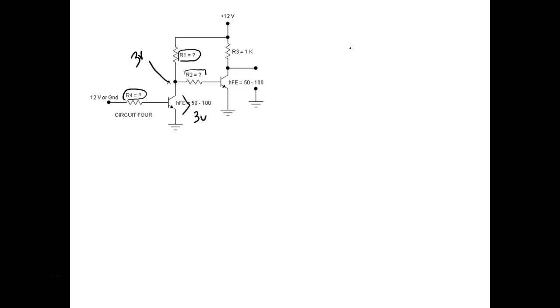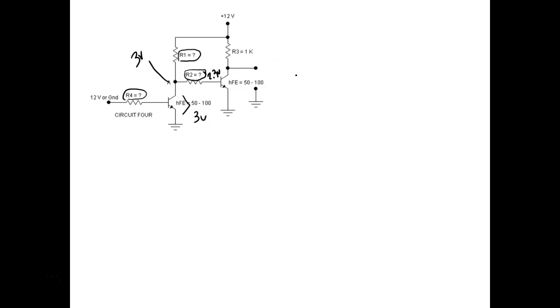Well, what else? What do I know? I know this guy right here is 2.3 volts. I know that, right? Because I got 0.7 on the one and 3 on the other side of the resistor, and then the emitter's connected to ground. Okay, so I know how much voltage R2 is going to drop. Right. So this is going to drop 2.3 volts.